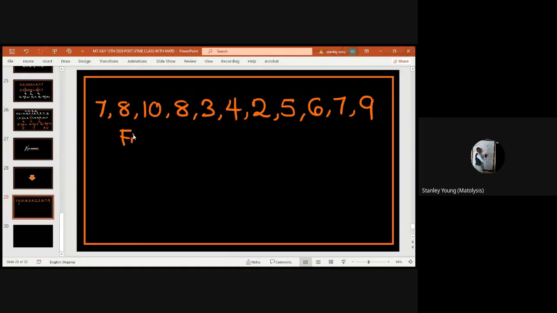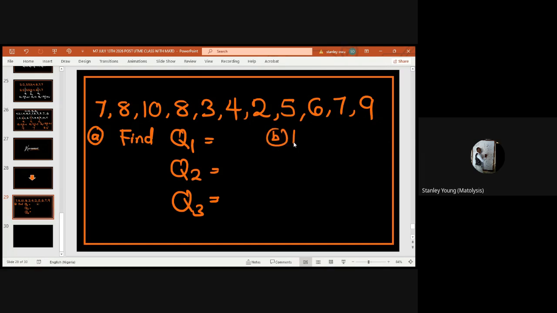Find Q1, Q2, and Q3. That's the first part of the question. Then the second part of the question: find the mean as figure 1, and the range as figure 2. Range of the figure.